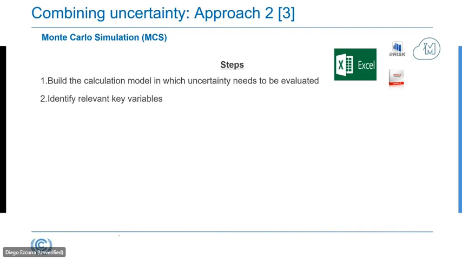Then it's very important you identify the key variables. What are the variables that are really important to the calculations? The first selection in general is made based on the understanding of each category.